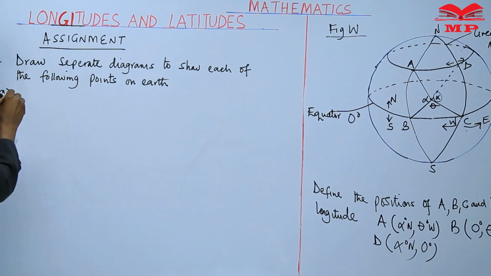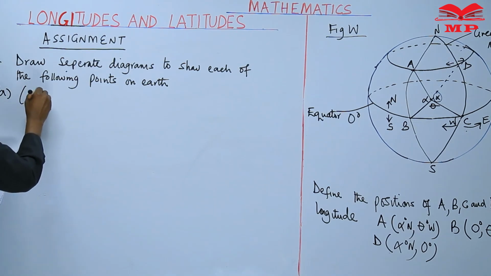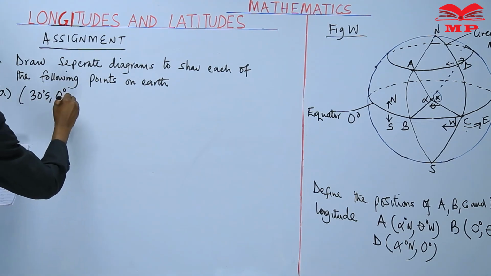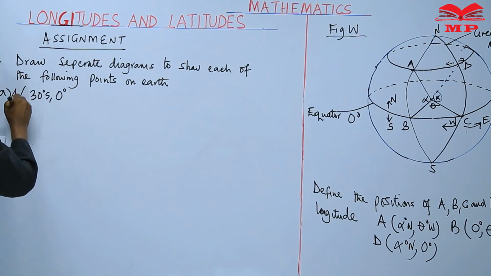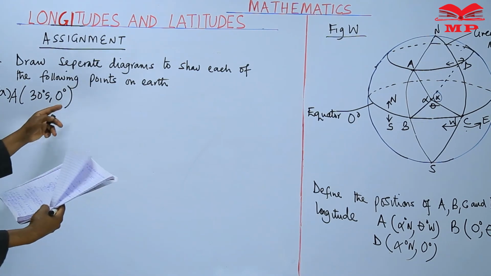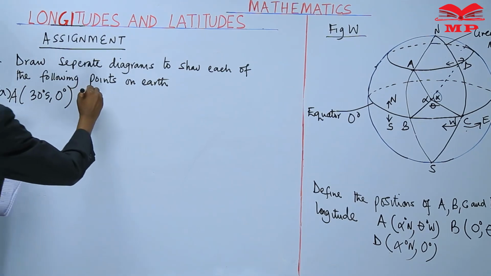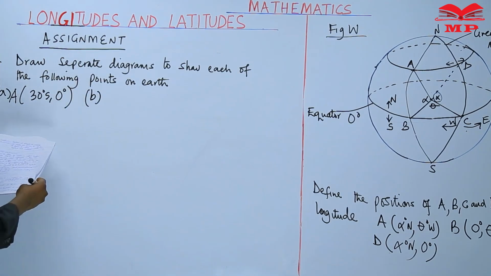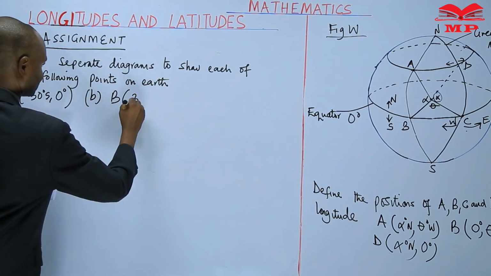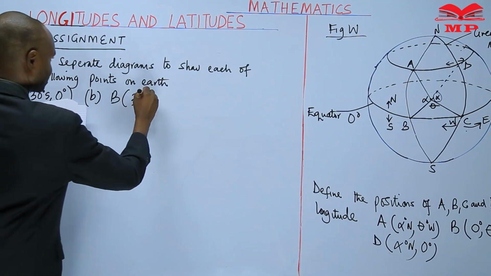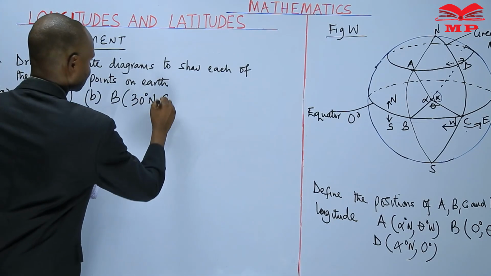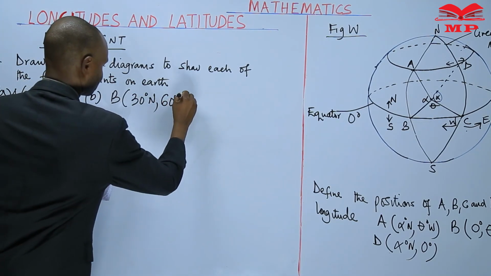So A, there is a place 30 degrees south, that's the latitude. The longitude is 0. That's point A. When you see that, learner, you'll know that is on the Greenwich Prime Meridian. B, we have 30 degrees north, the latitude, the longitude 60 degrees west.